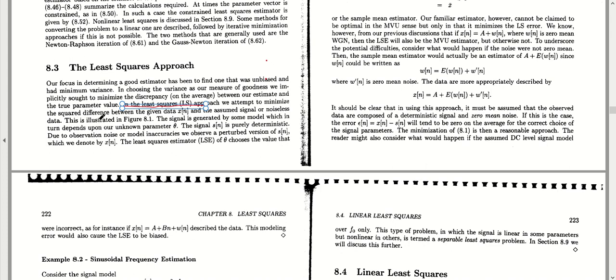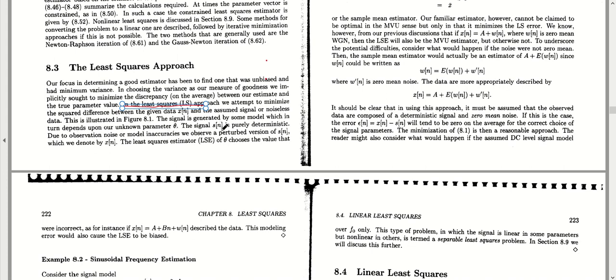It's just trying, in a heuristic sense, to minimize the square difference between the data and the parameter.